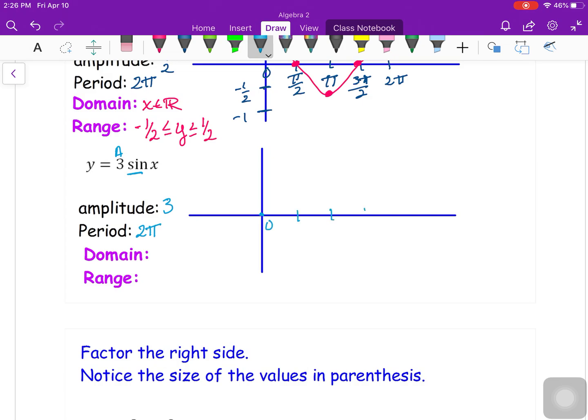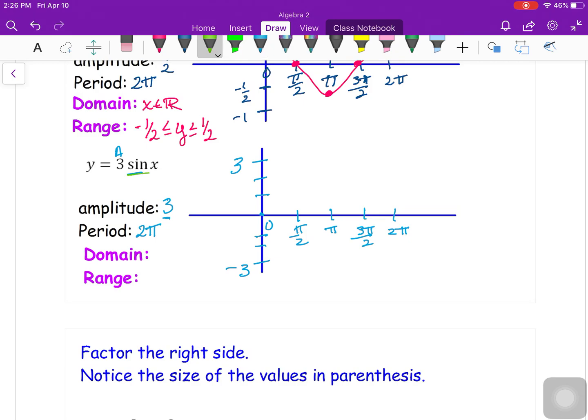This is 0, pi over 2, pi, 3 pi over 2, 2 pi. This time, instead of running from 1 to -1, since my amplitude is 3, it will go from 3 to -3.